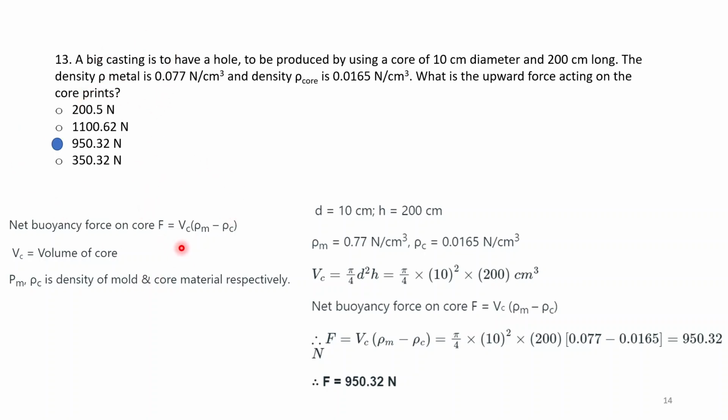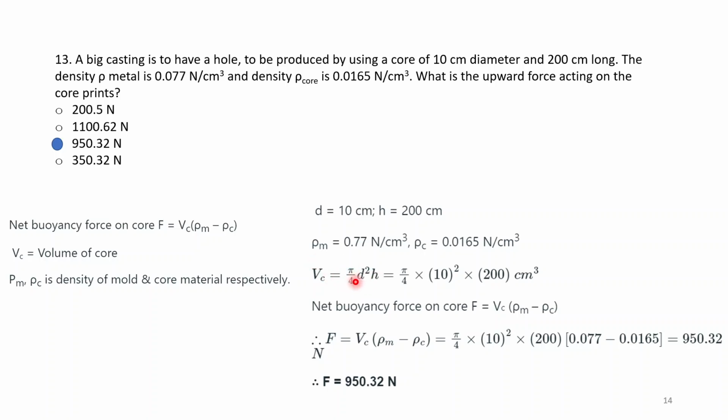So this formula also we have studied earlier. The force acting on the core will be volume times the density, right? So volume of core times density of metal minus density of core. So these you have to calculate using the geometry of the core.